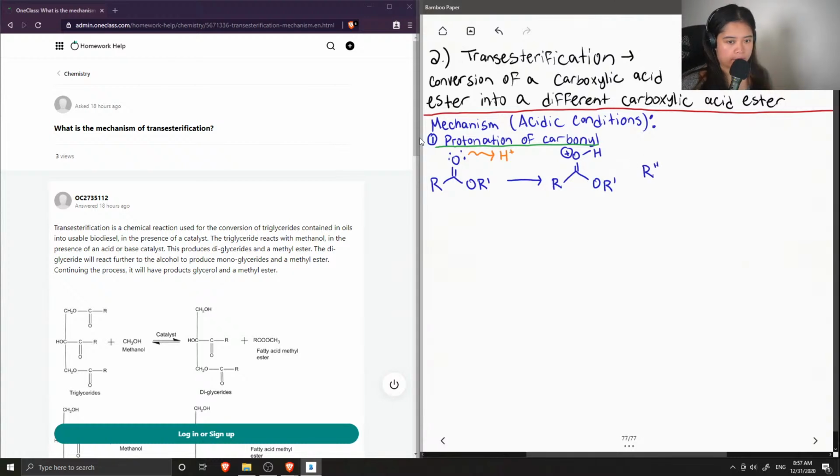So this is where our second ester or alcohol group comes in, and it has the desired side group that we want to use to replace the old side group, and it's in the form of an alcohol. So the second step is a nucleophilic attack.